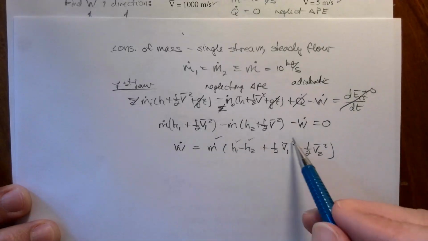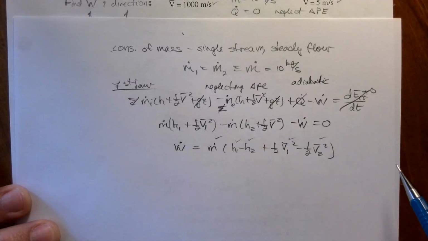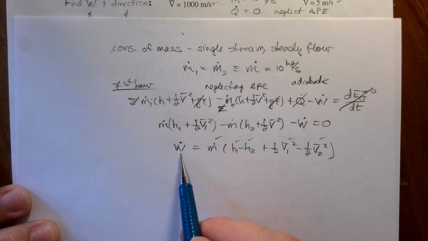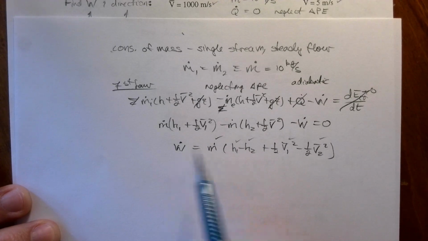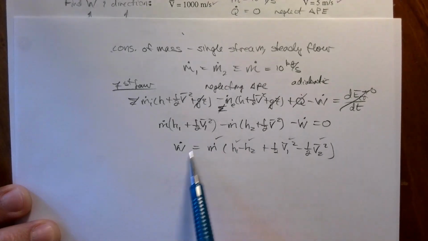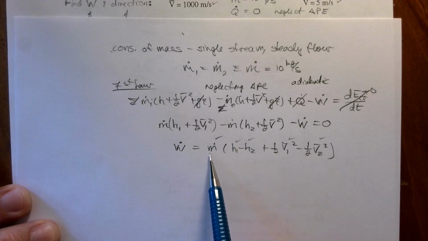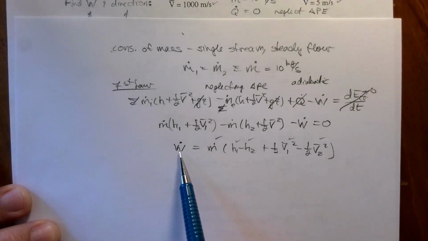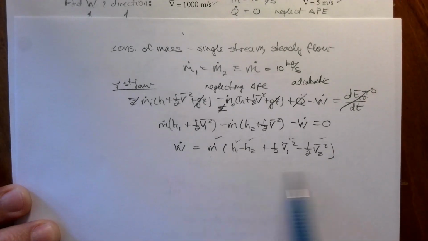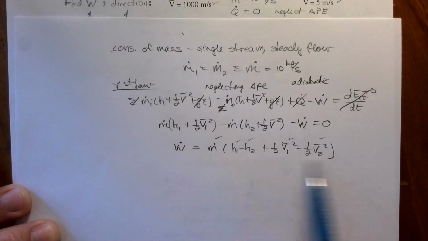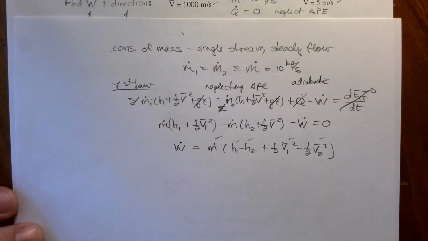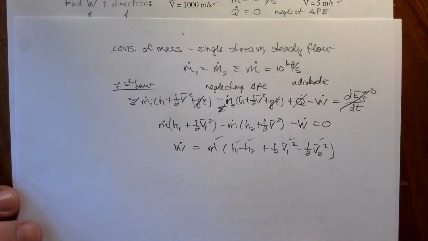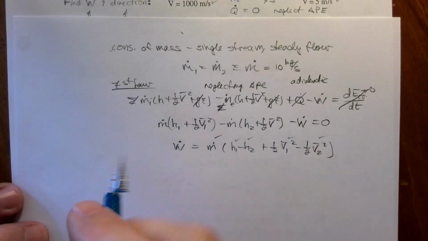Okay, so the states are defined and we have those values. So we can come up with W dot. Now if we assume flow is going from 1 to 2, that'll give us one answer. If we're wrong and the flow is actually from 2 to 1, then W dot is actually the opposite sign. That just reverses 1 and 2 in all of these and changes the sign of the W dot. So now let's get the direction from the second law.